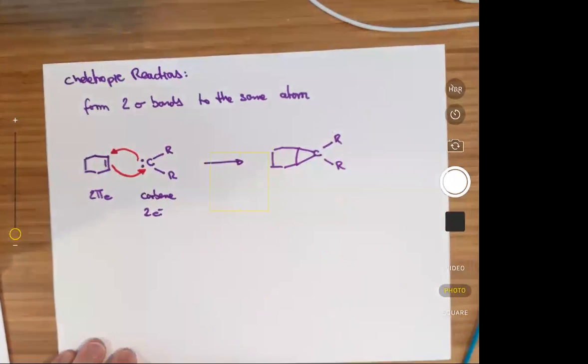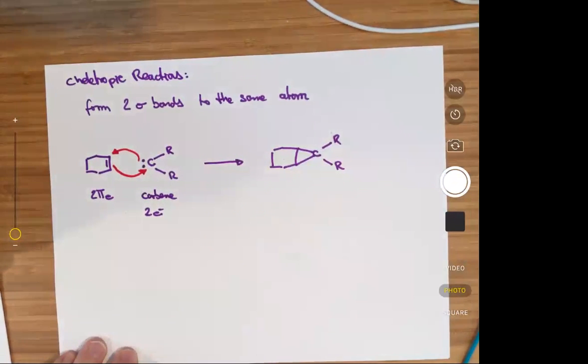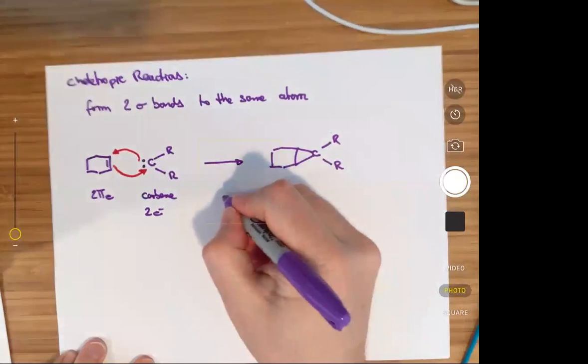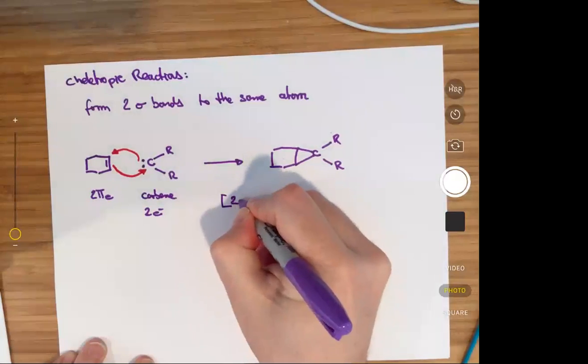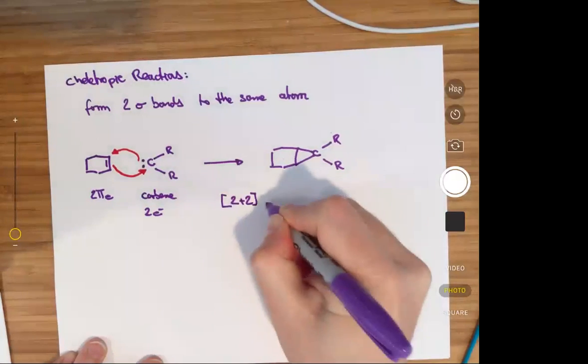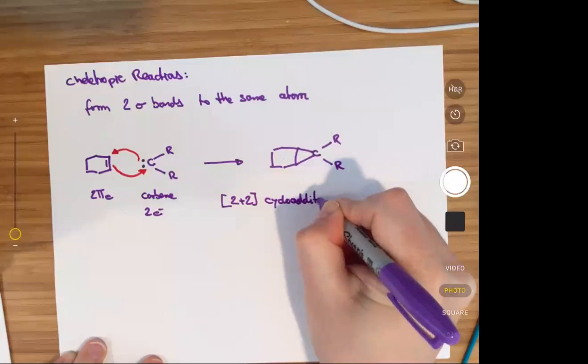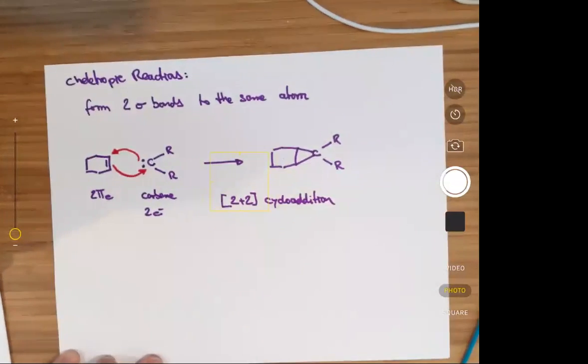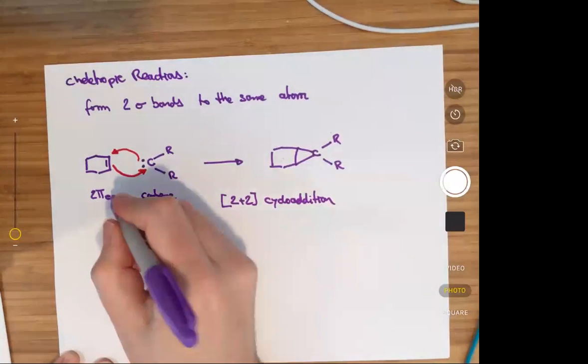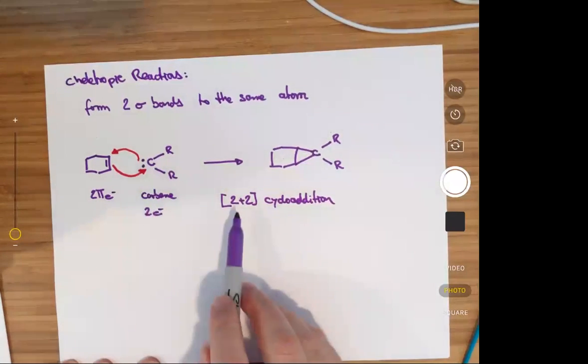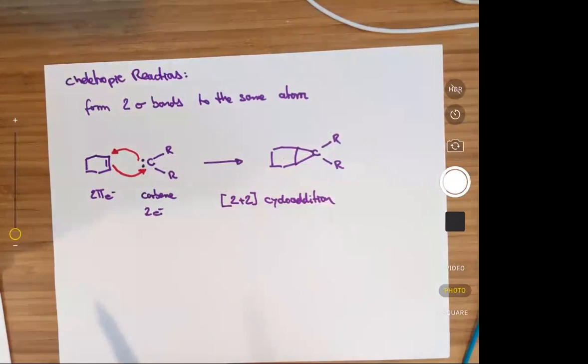So formally, if you were to count this within the nomenclature that we would develop for the cycloaddition reactions, this would clearly fall under the category of a 2+2 cycloaddition reaction, right? Because you have two electrons here and you have two electrons over here, so the sum of M plus N is 2+2.